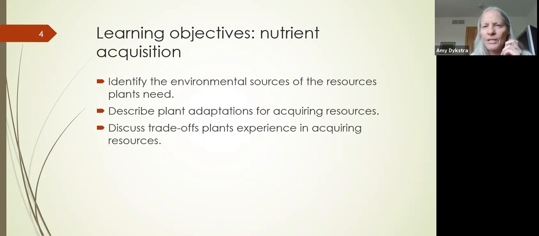That's the benefit of the C4: it allows plants to avoid photorespiration and still keep fixing carbon even when it's hot. And the advantage of CAM is it allows plants to have a really high water use efficiency. It allows the plants to close their stomata during the day when it's really hot, when they would lose a lot of water, and they can open their stomata at night when they're not going to lose as much water. So that's the advantage of CAM.